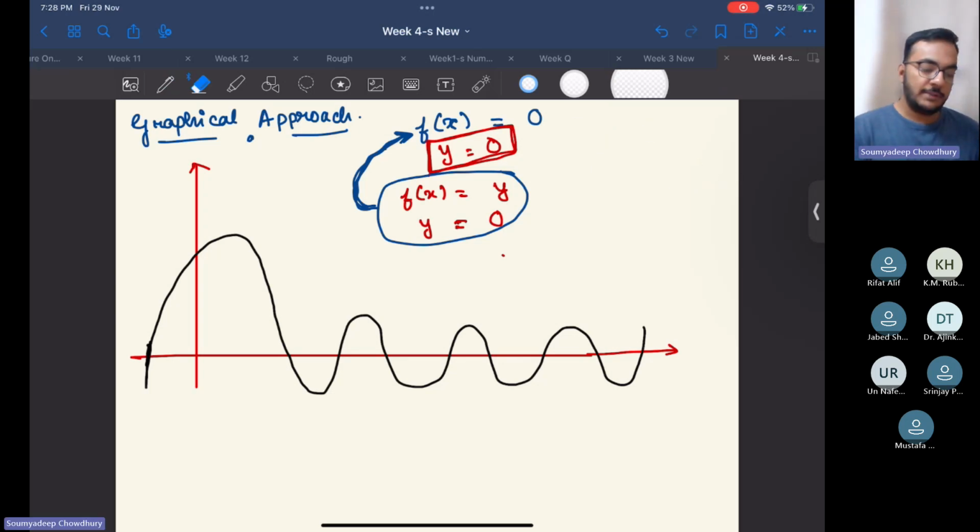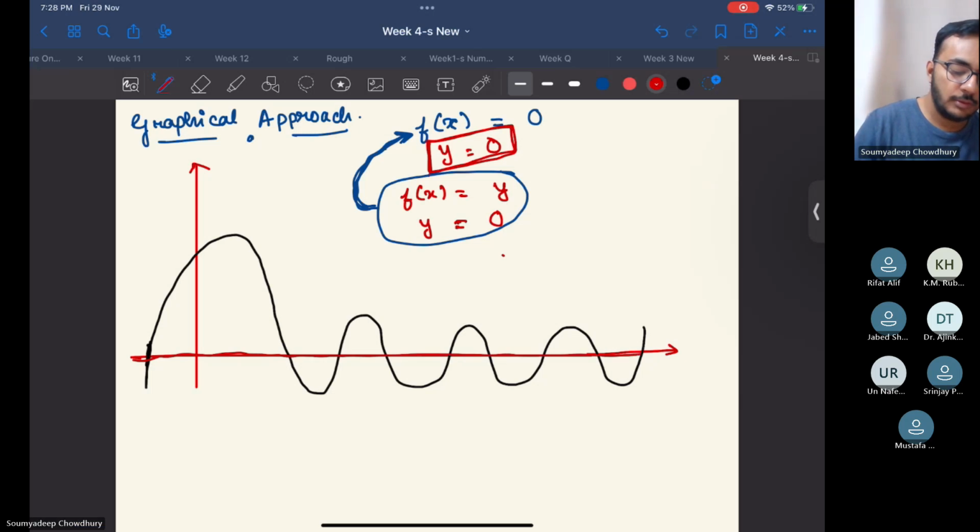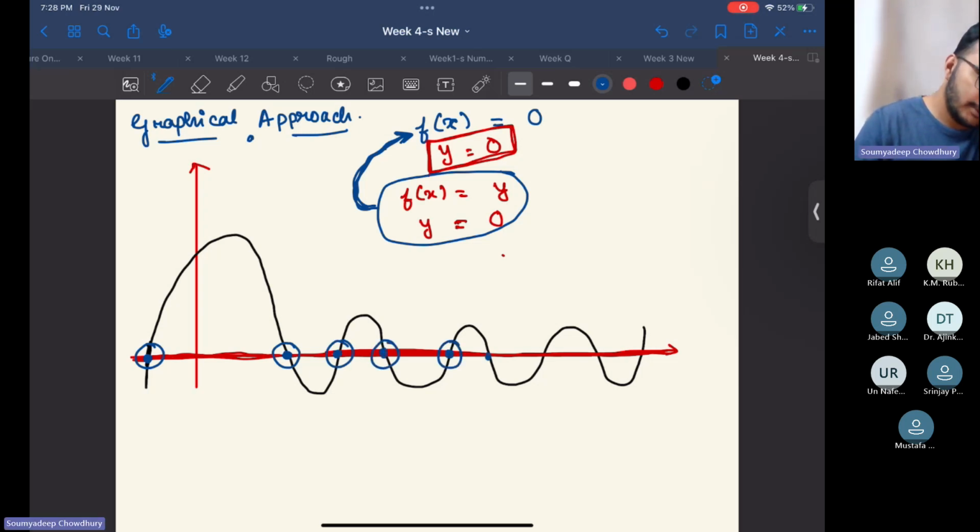Now if we come back to this figure, this black line is the y equals f of x line, and this x-axis is the red line, the y equals 0 line. So we can find the intersection points of this curve with the x-axis. This is the first one, this is the second, third, fourth, fifth, sixth, seventh, eighth, ninth.